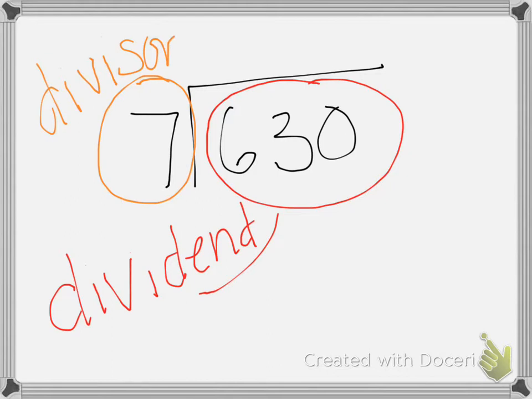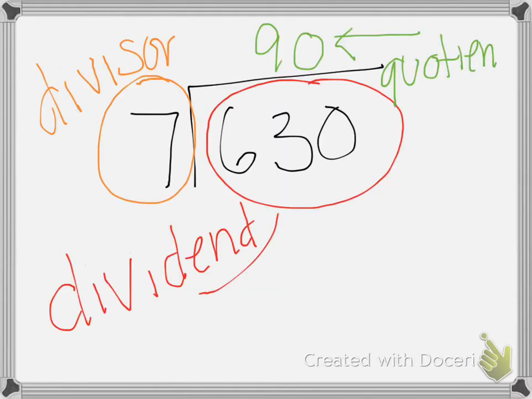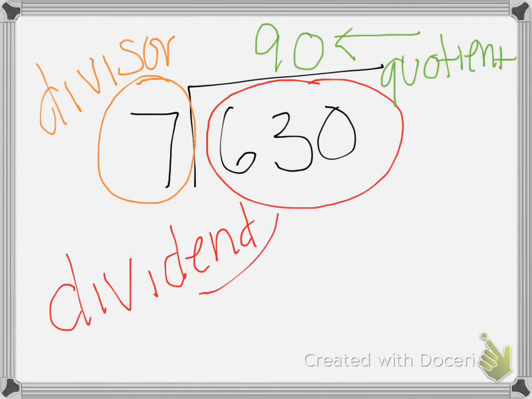Seven splits 630 into 90 parts, and that is our quotient. Oops, Mr. Board pressed the over button. Dividend, divisor, quotient.